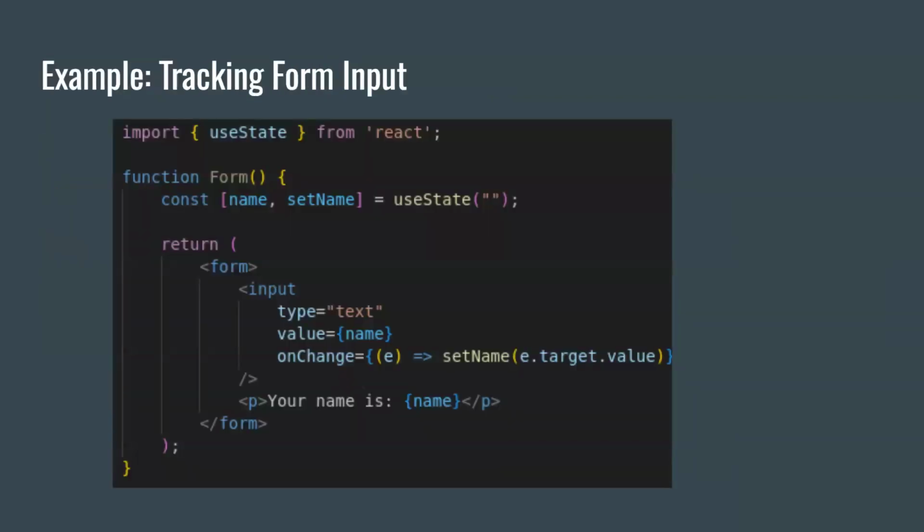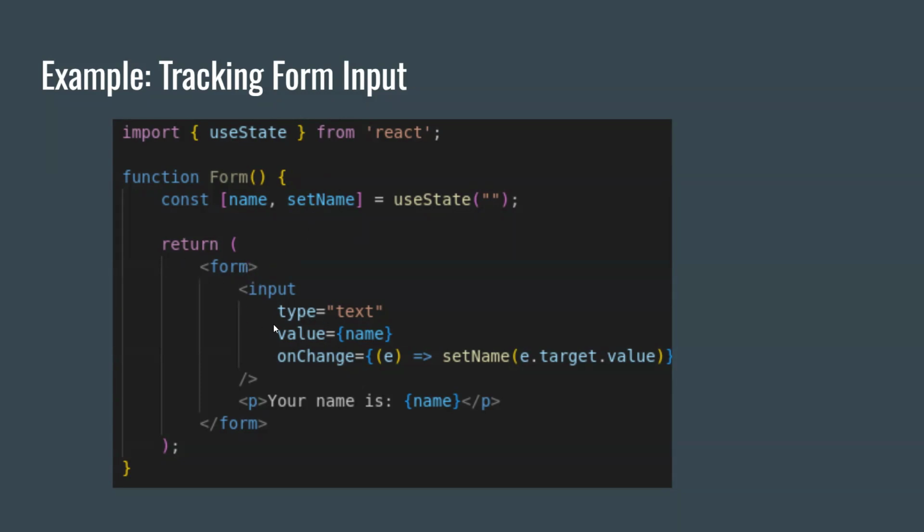So here is another example. We are importing useState from React, and we are setting the initial value of the state to be an empty string, and this state we're naming name, and we have a function to update this state, and then we have this form.